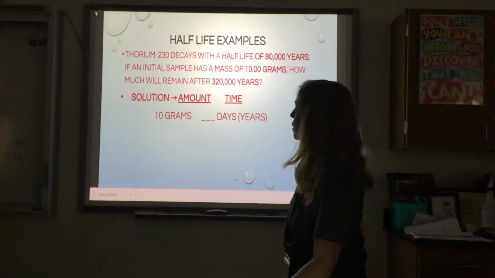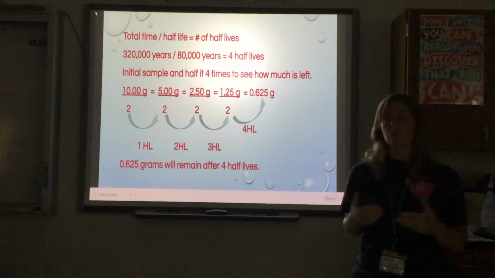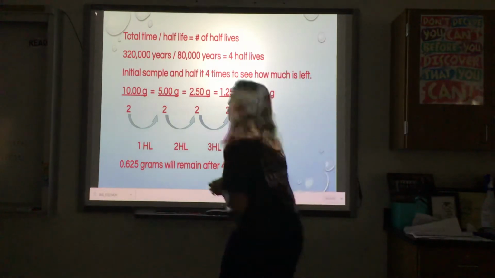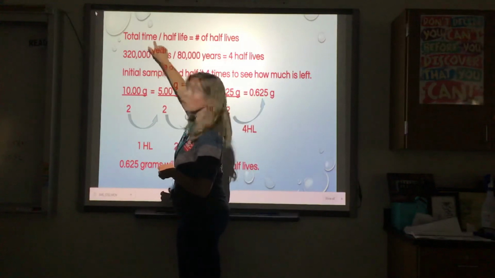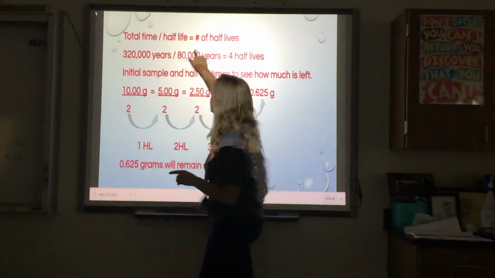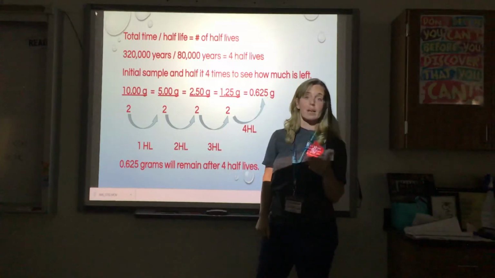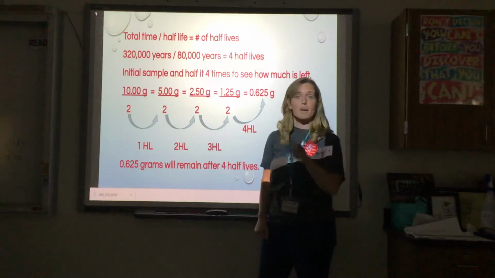So in this problem, I've got to start out with my times, okay, because those are the two things I'm given that were the same, all right? So what I'm going to do is take the total time divided by the half-life time, and that will tell me the number of half-lives it's going to take for my sample to decay.